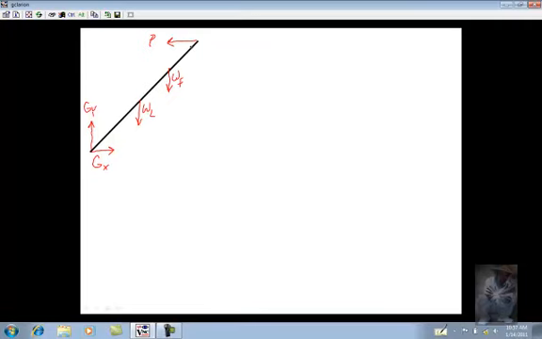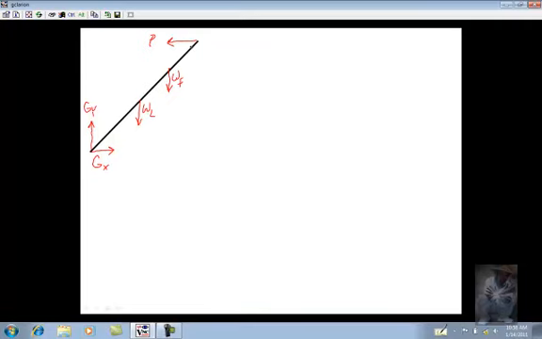Our next thing is to choose our coordinate system. And we said which way was positive as far as rotation is concerned? To the right will be positive, and up will be positive. What did we say was going to be positive as far as rotation? Counterclockwise.